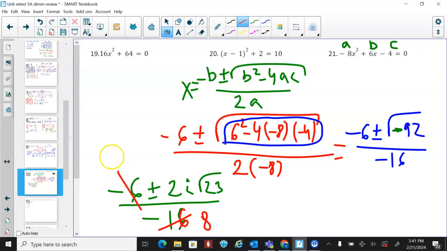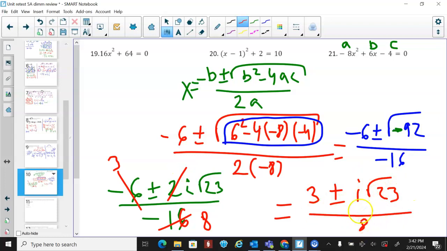Negative 6 divided by negative 2 is positive 3. And 2 divided by negative 2 is still going to be plus or minus i. Okay? My final answer is 3 plus or minus i root 23, divided by 8. Okay?